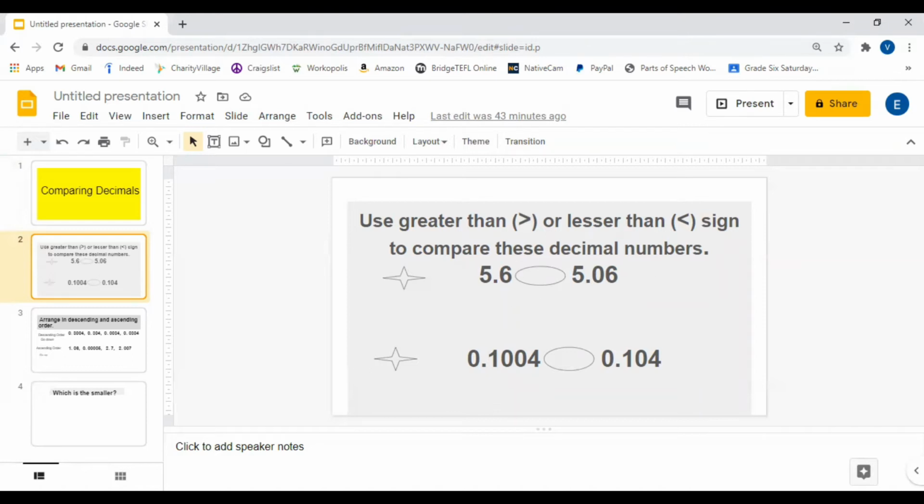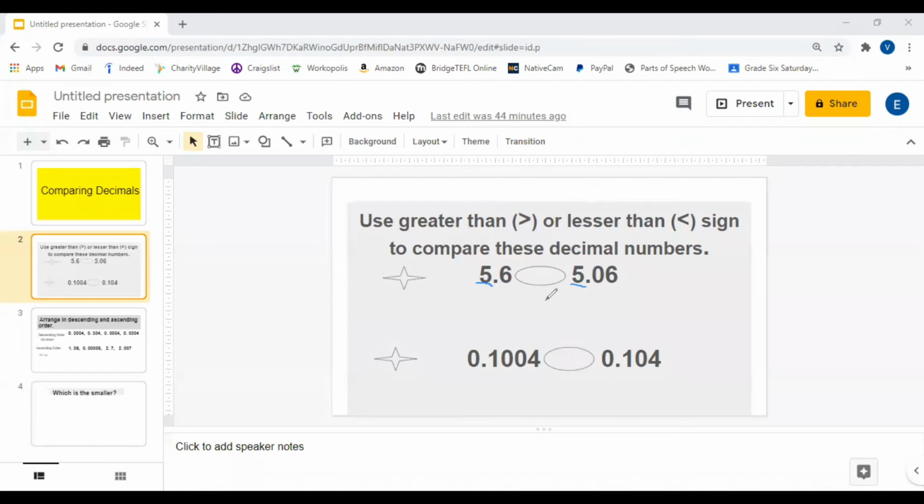Same difference, right? Now I'm going to look at the numbers digit by digit, guys. The first digit in 5.6 is 5, and the first digit in 5.06 is 5. So I cannot use the first digit to compare the numbers because they are the same.